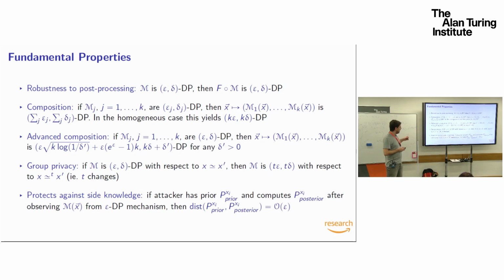So releasing something that is epsilon differentially private only gives an epsilon edge to any adversary over whatever they already knew about that person. That is a way to formalize protection against adversaries with side knowledge.